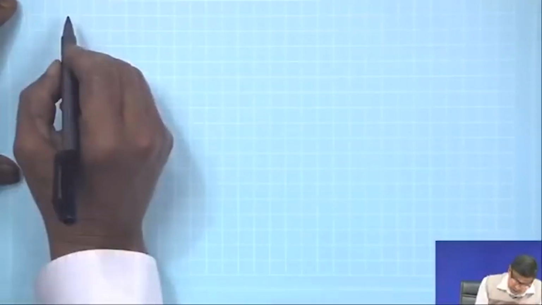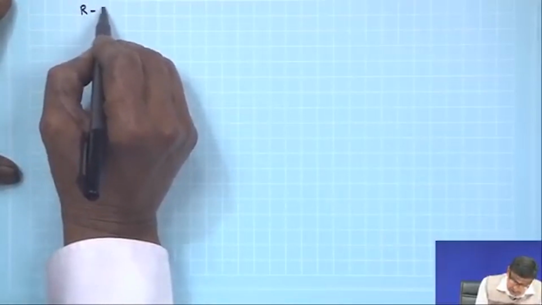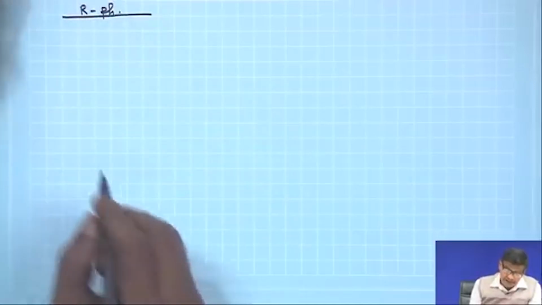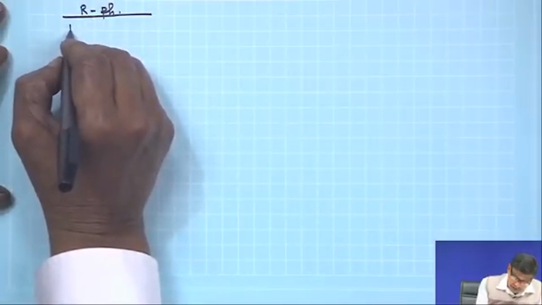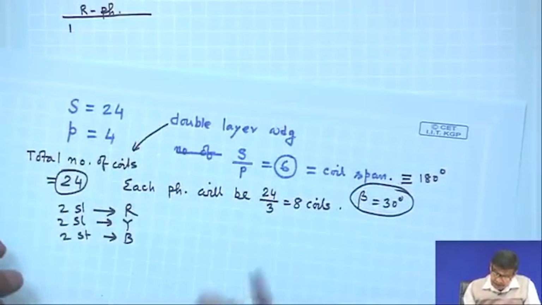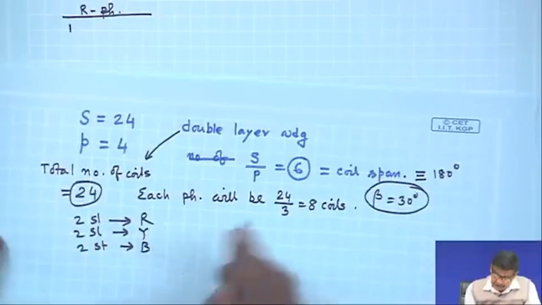Then what I am going to do, look here carefully, this is for R phase I am doing, the same thing. Let me start from slot number 1. The first coil of R phase I am going to wind.